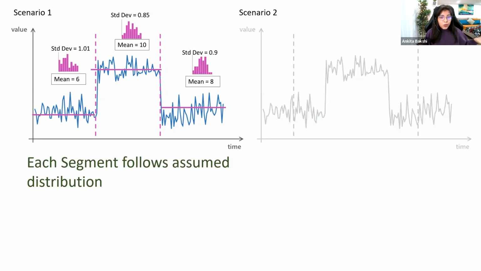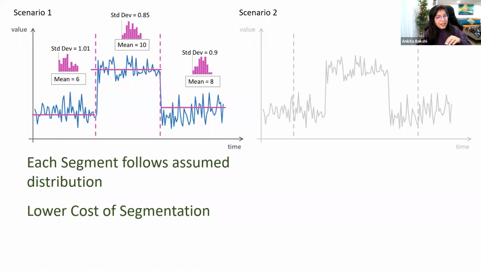In scenario 1, each segment follows the assumed distribution very clearly. It has constant mean, normal distribution, and the standard deviation is very similar across different segments. So when each segment follows the assumed distribution, the overall cost of segmentation is low.